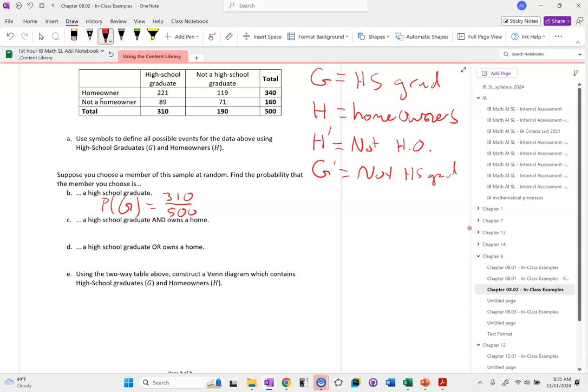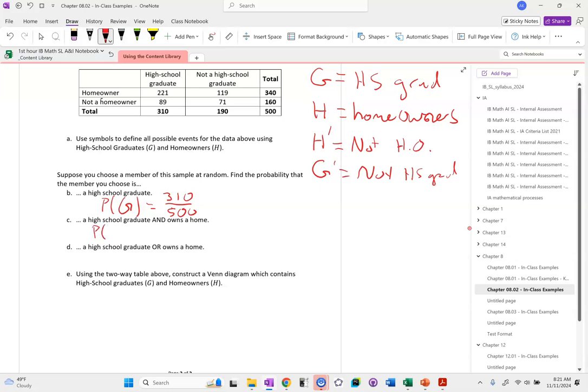Is it just a fraction like that, or is it a decimal? Fraction is fine. You could turn it into a decimal if you wanted to, but you don't need to. 0.62. Would you just know that? Well, if you multiply the top and bottom by 2, it's out of 1,000, so 620 out of 1,000 is 0.62. Because I'm a math teacher.